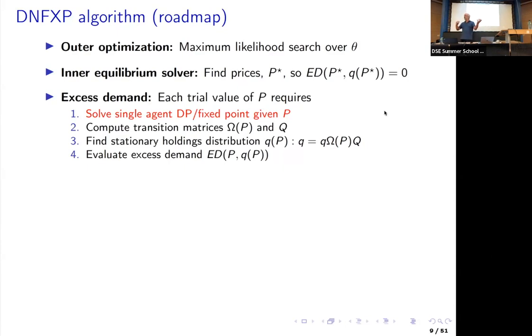But it's not necessarily 0 when you start with P. That's just an arbitrary vector. Then that's what you do in this inner equilibrium solver. You search for those prices that put supply equal to demand, given the demand and supply dictated by the single agent dynamic programming model. Yes. Where is the supply coming from?